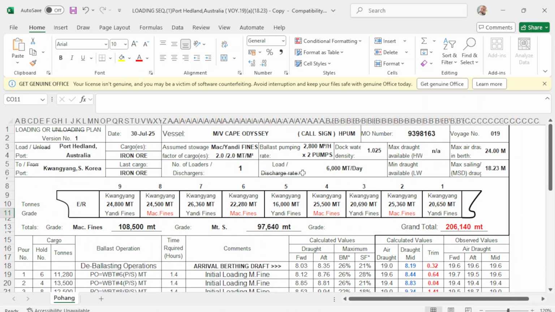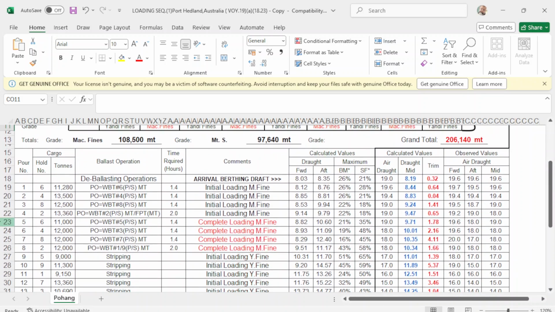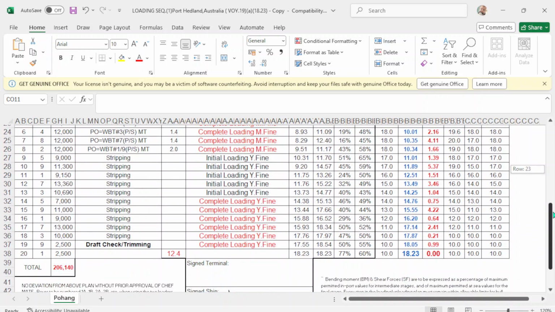As per the voyage instructions, the dock water density to be used is 1.025. Now this is the sequence, in hold number 1, 2, 3 until hold number 9.